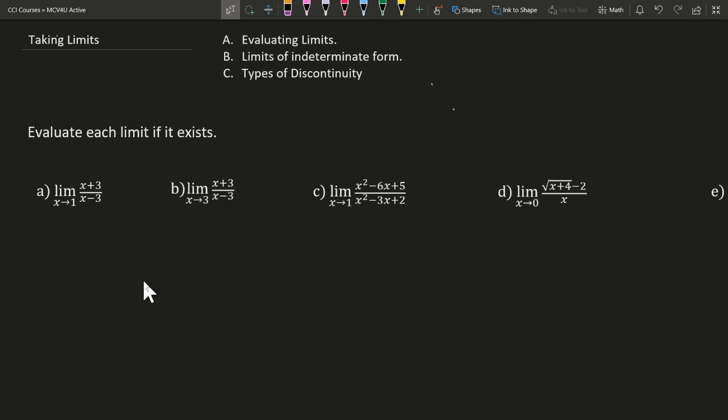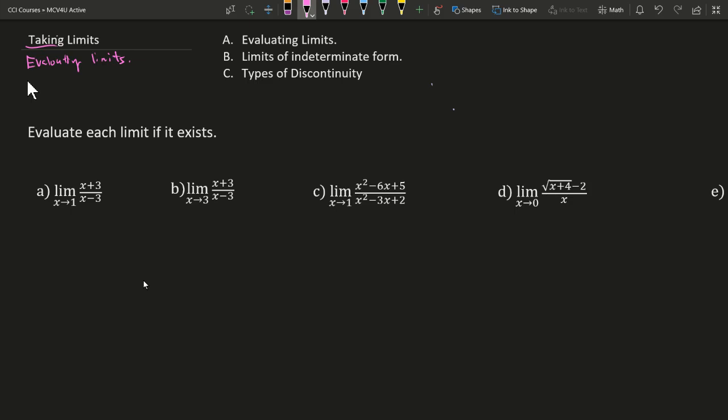We're going to be looking at taking some limits here, okay? And this could have all sorts of different directions you would find in the textbook. It could be called just evaluating limits, okay? Most often in class, I'll just call it take a limit, okay?